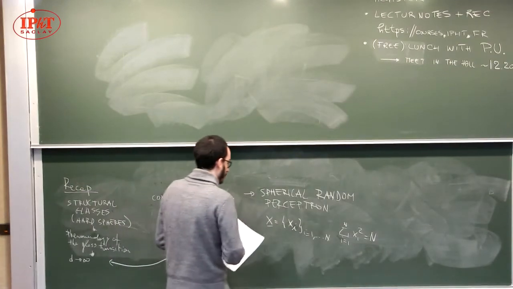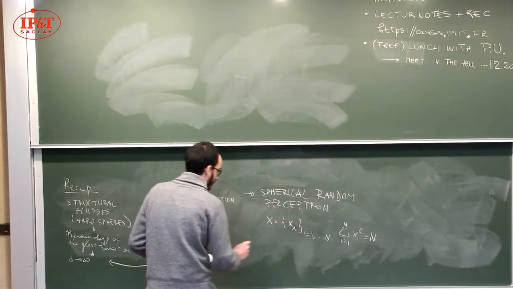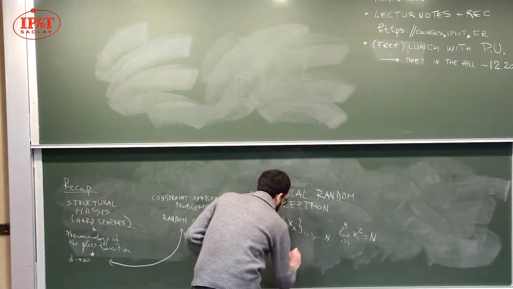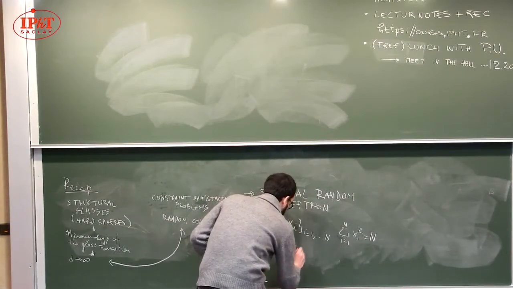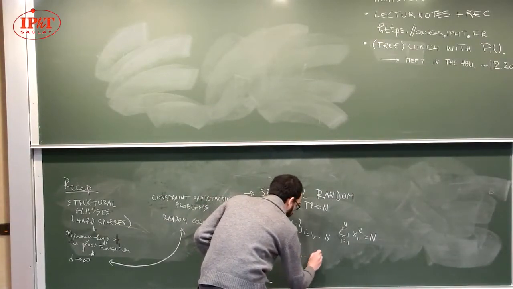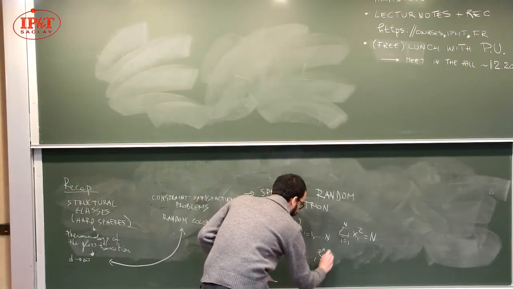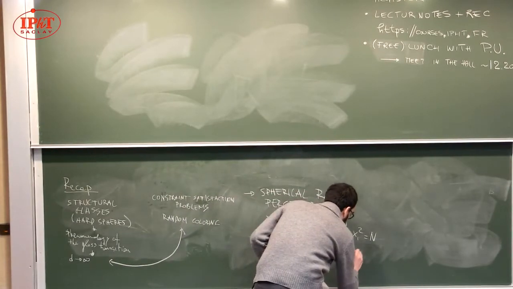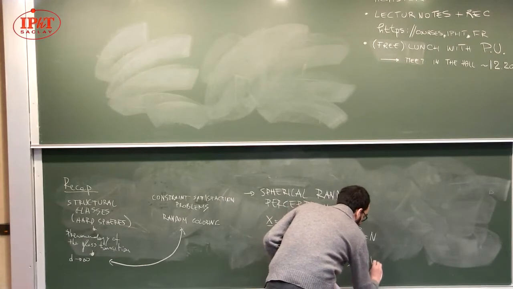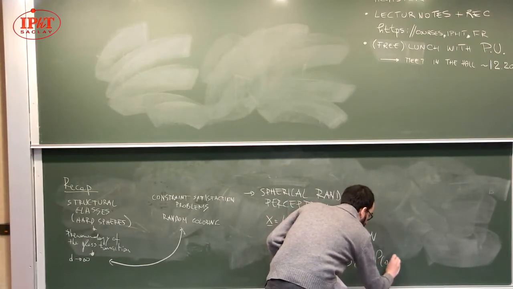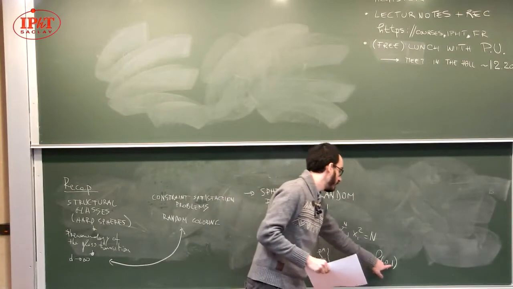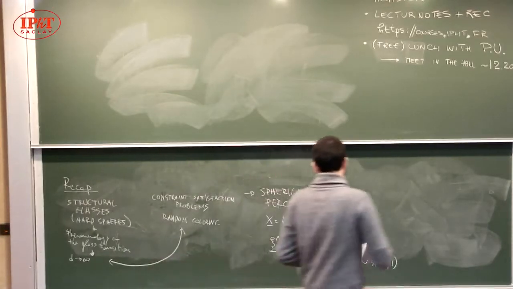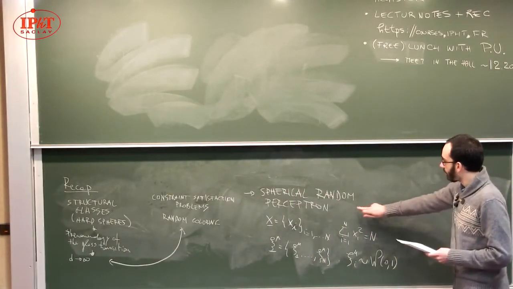And then we introduced a set of random vectors, xi^mu. These are n-dimensional vectors, and each component is a random variable distributed according to a Gaussian distribution with zero mean and unit variance. The factor graph of this model is simple.